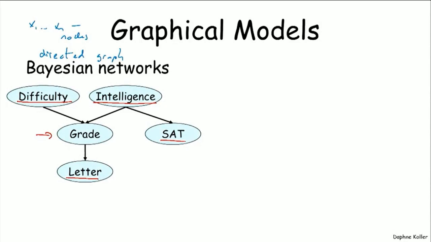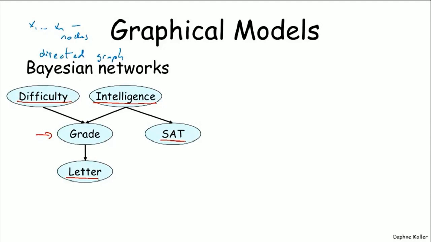So this is a representation of a probability distribution, in this case over these 5 random variables, and the edges in this graph represent the probabilistic connection between those random variables in a way that is very formal, as we'll define later on.